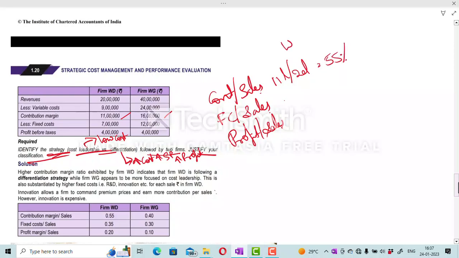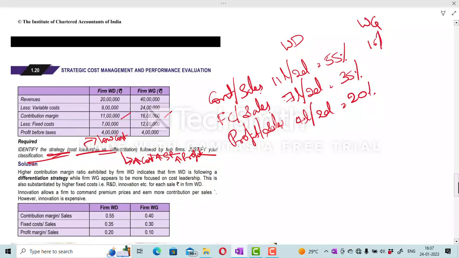This is for WD. Okay. Fixed cost is 7 lakhs and revenue is 20 lakhs. It will give you 35%. Profit is 4 lakhs and revenue is 20 lakhs. This is 20%. Compared to WG, 16 lakhs divided by 40 lakhs.